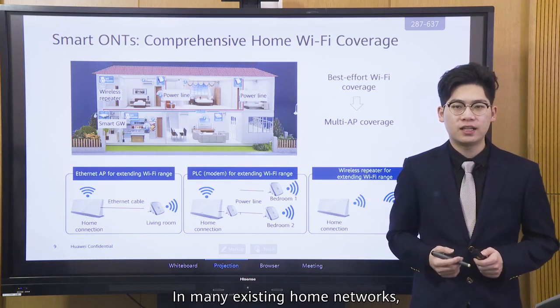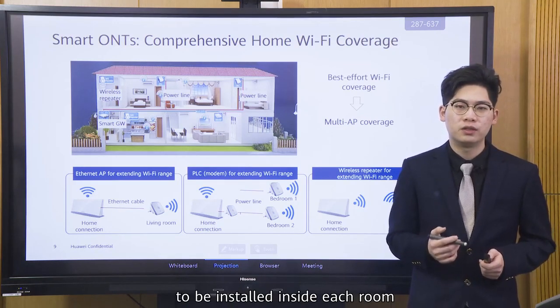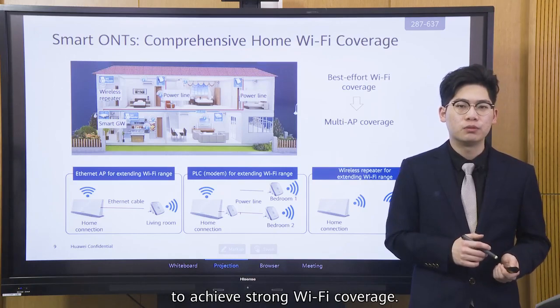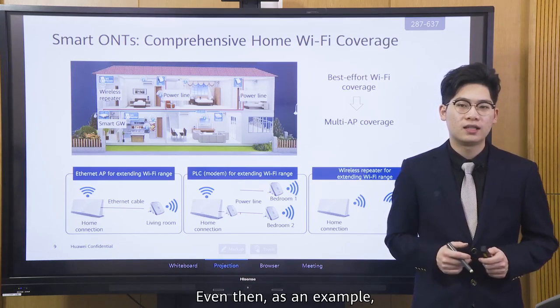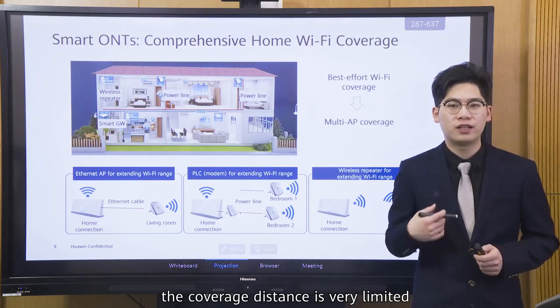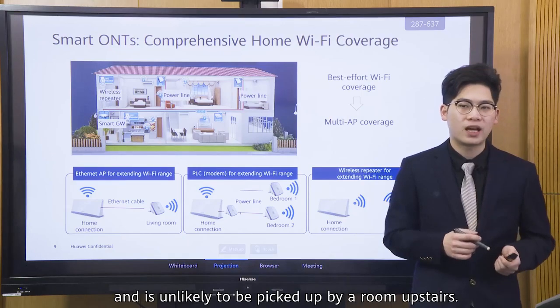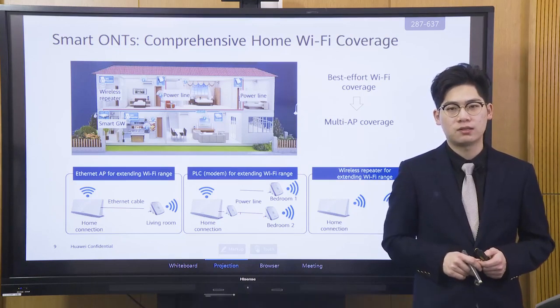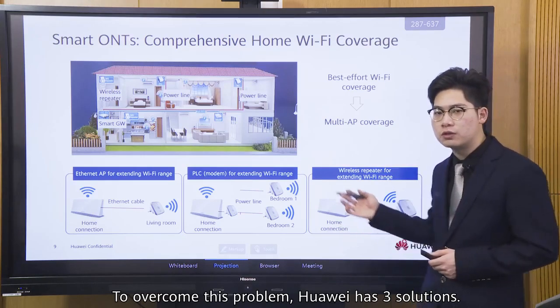In many existing home networks, many rooms require a router to be installed inside each room to achieve strong Wi-Fi coverage. Even then, the coverage distance is very limited and is unlikely to be picked up by a room upstairs. To overcome this problem, Huawei has two solutions.